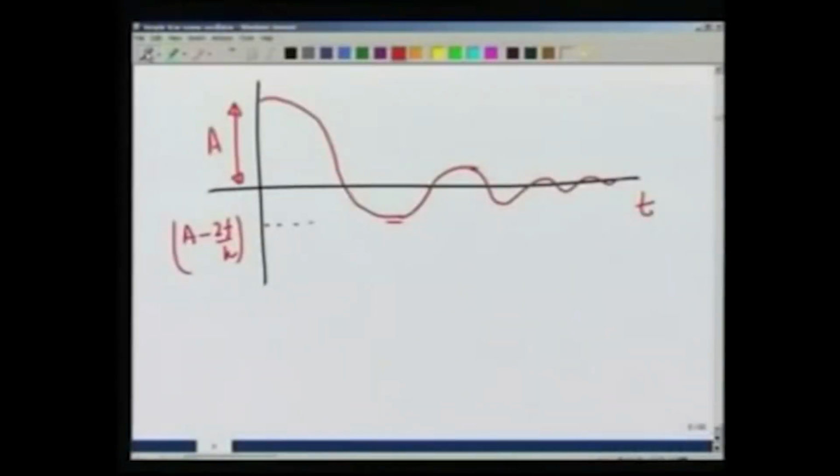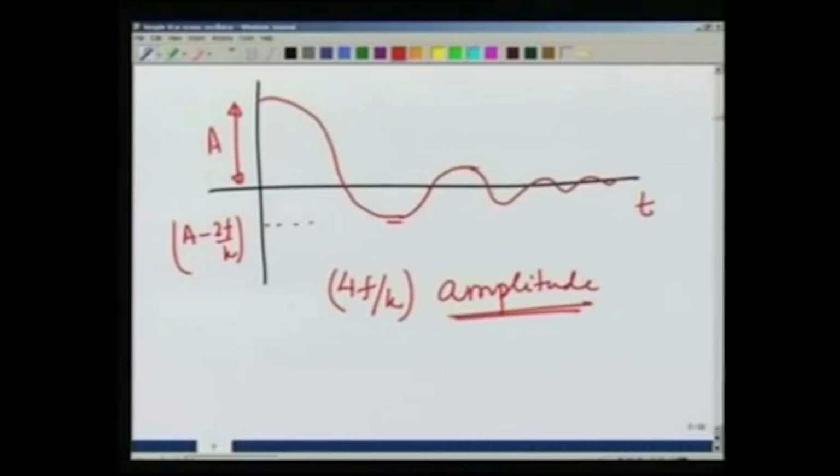How many cycles does it complete? Let us see that. So, in each entire cycle, it is losing 4f over k amplitude. So, this is the distance it is losing every time. Let us say it completes n cycles. So, it would have lost from the initial amplitude a, n times 4f over k distance, and it finally comes to a stop.